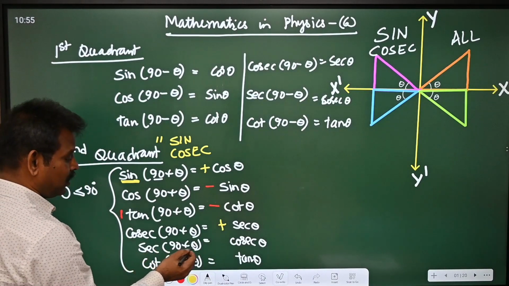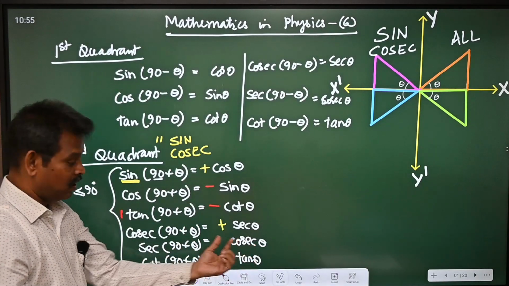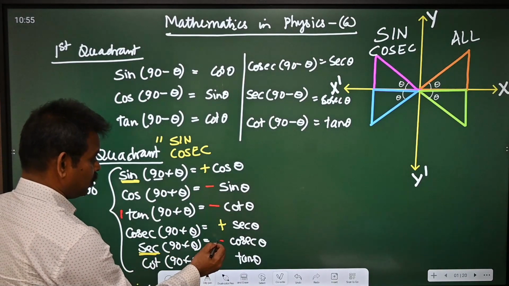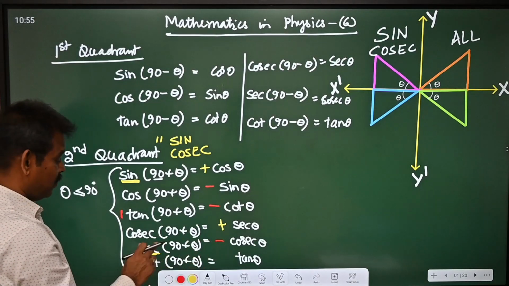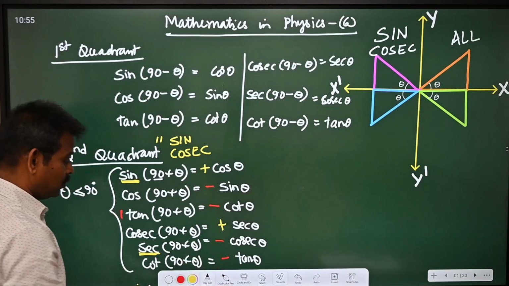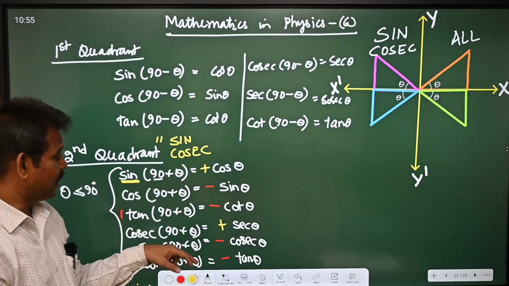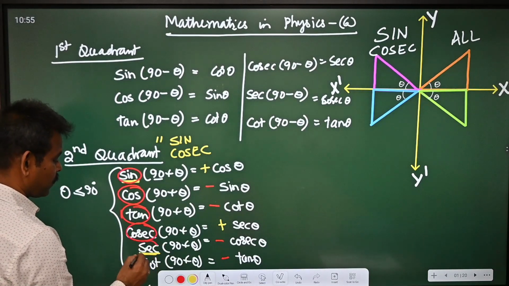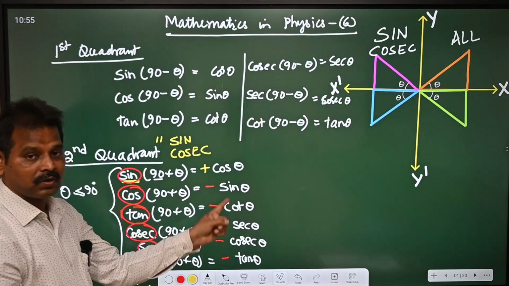But what about secant 90 plus theta? Secant is negative, so secant 90 plus theta is cosecant, but while giving the sign you take only this one, which is negative, because in the second quadrant secant is negative. Similarly here, cot is also negative. So these are the methods of giving signs, and always consider this to give the signs, not the results that you are obtaining here.